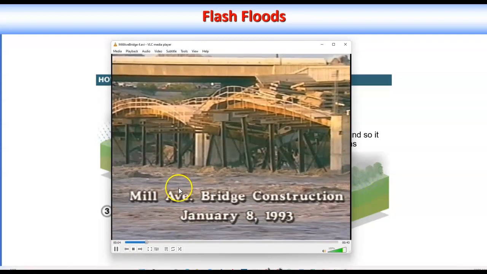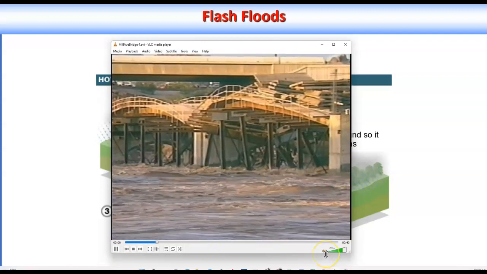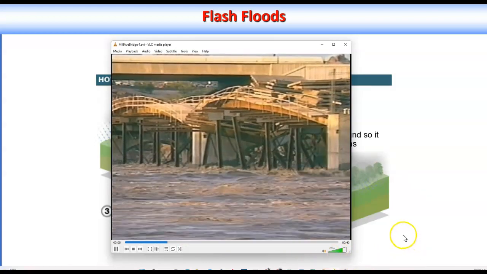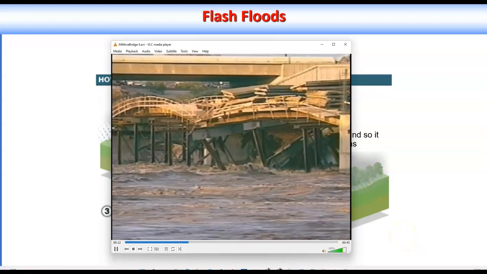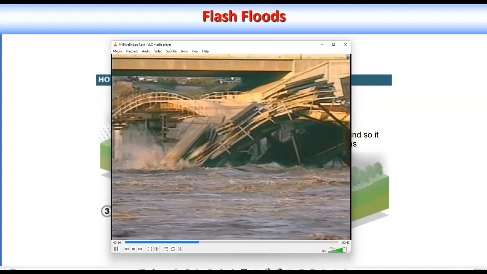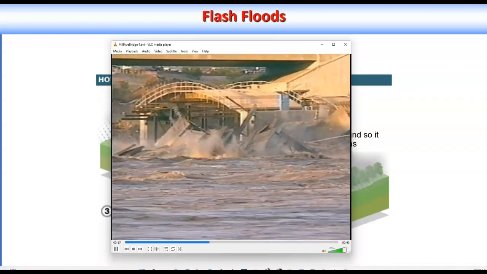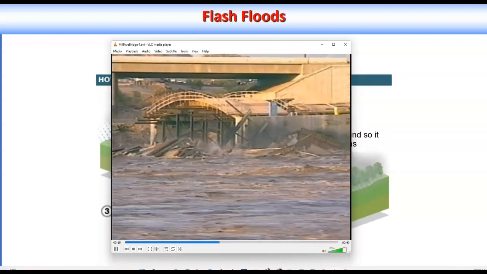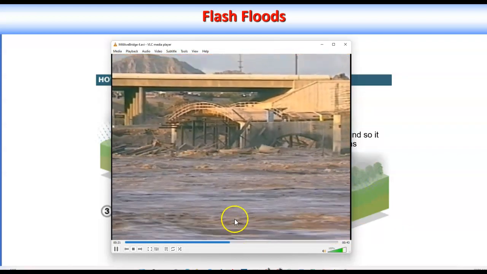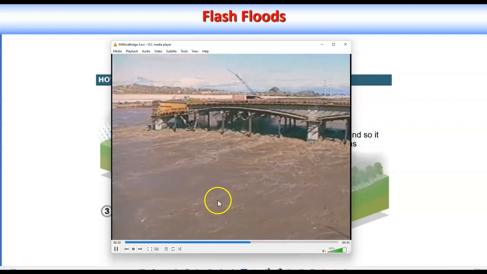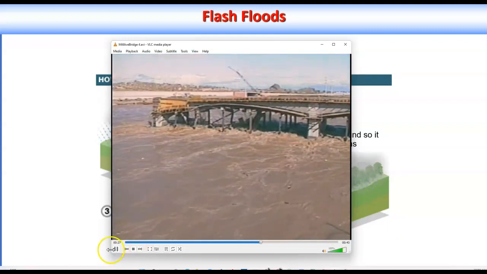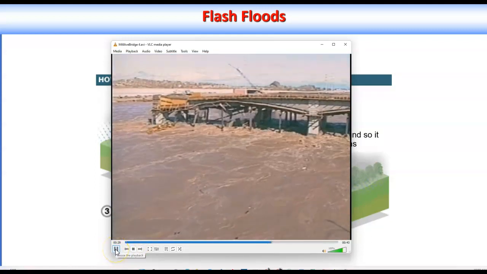Two spans of the bridge, still under construction, were shown to millions of viewers across the country. We had some of this going on. It took out the bridge because, of course, the bridge wasn't completed. The high velocity of the water that pushed through caused a flood event, and this was the damage that occurred.